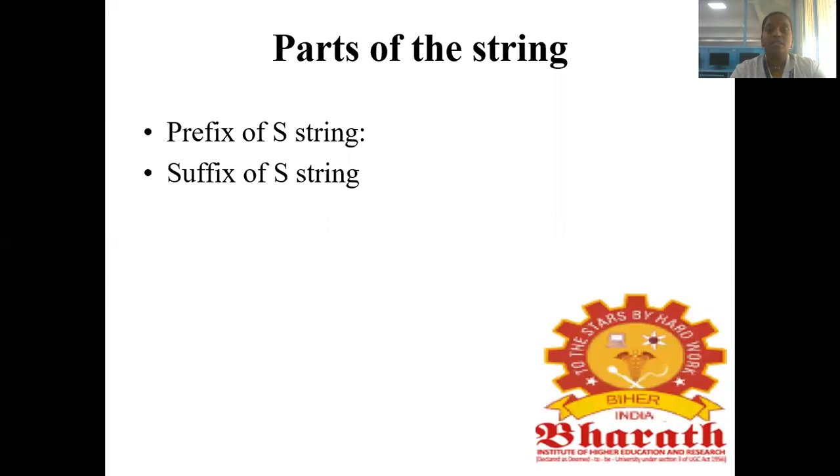Next, there are two parts of strings for your power of alphabets. The first one is a prefix, the second one is a suffix. So what is the prefix of a string? A string obtained by removing zero or more trailing symbols of a string S is called a prefix.